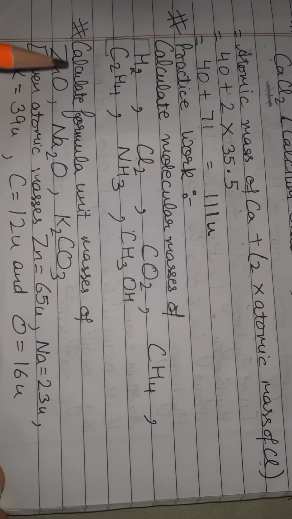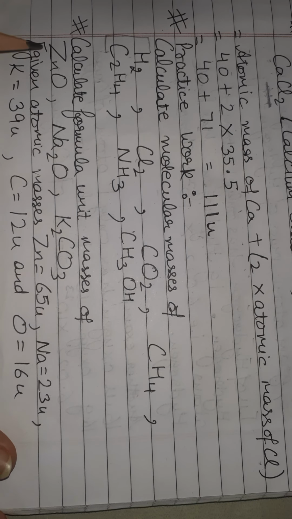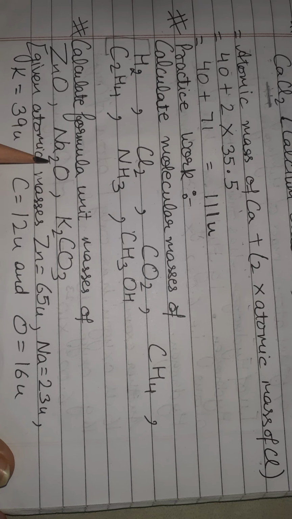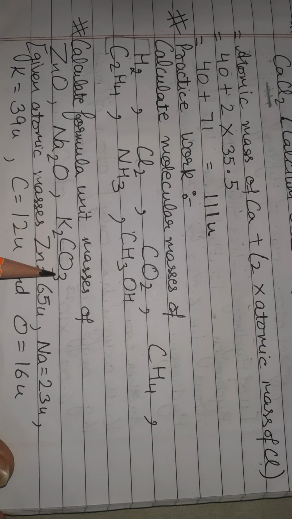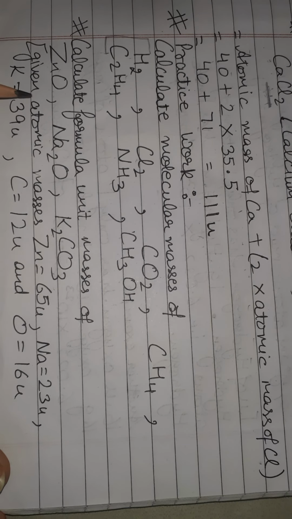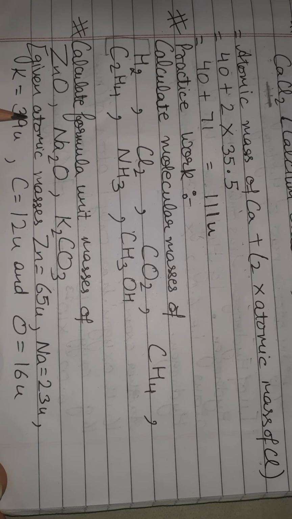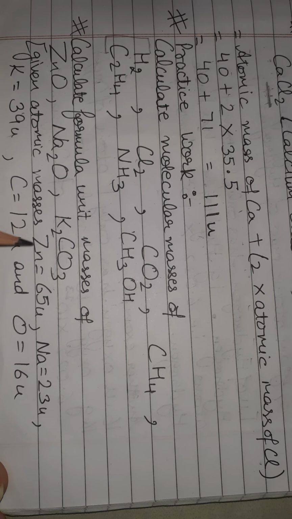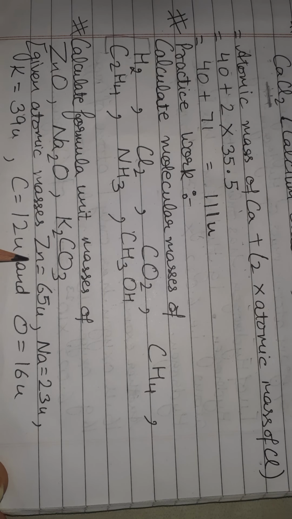Now calculate the formula unit mass for ZnO, zinc oxide, sodium oxide, Na2O, and potassium carbonate, K2CO3. Sometimes you are given atomic masses, but sometimes you are not. You are given atomic masses in cases that are more than 20, so you have to learn the first 20 atomic masses.